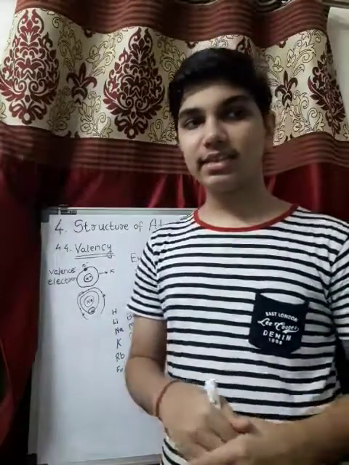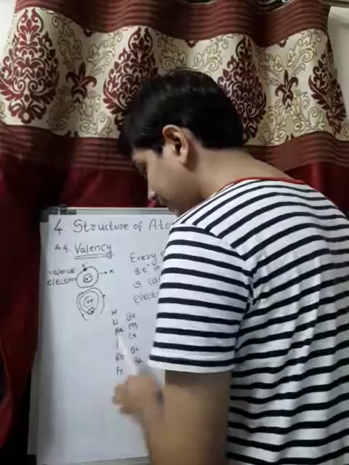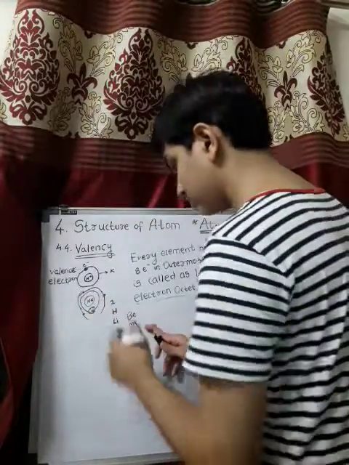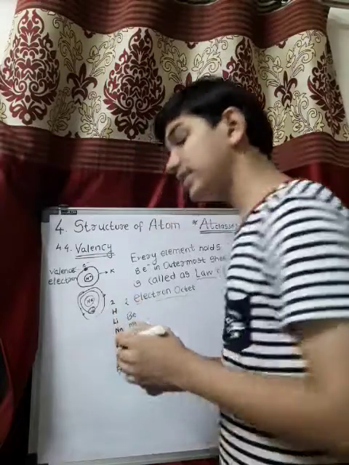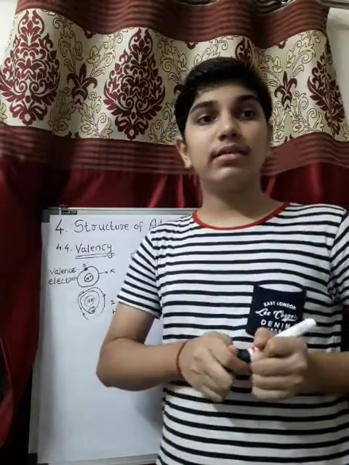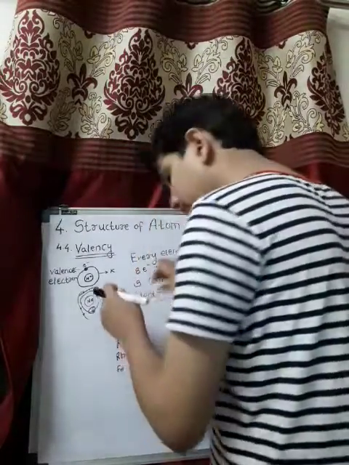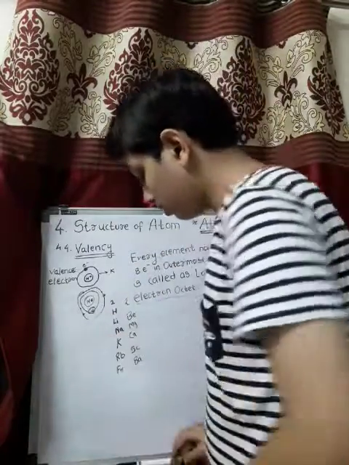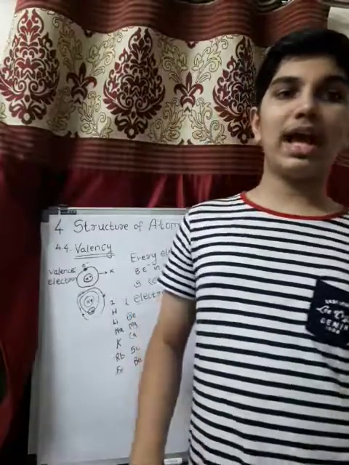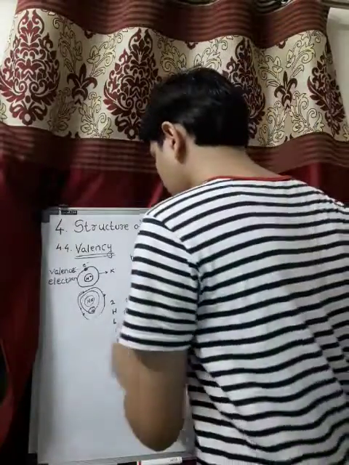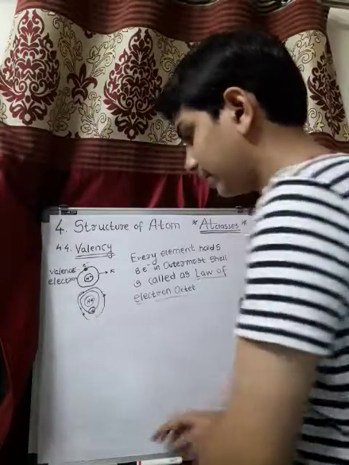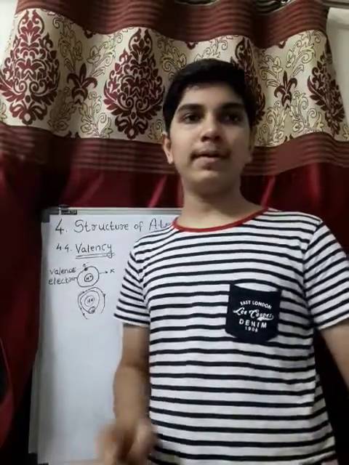Now these elements have valency 1 because they occupy group 1, and these have valency 2. This only means that for the alkali metals and alkaline earth metals, these two groups of the periodic table, the valency is as much as the group number. It doesn't apply to every group.